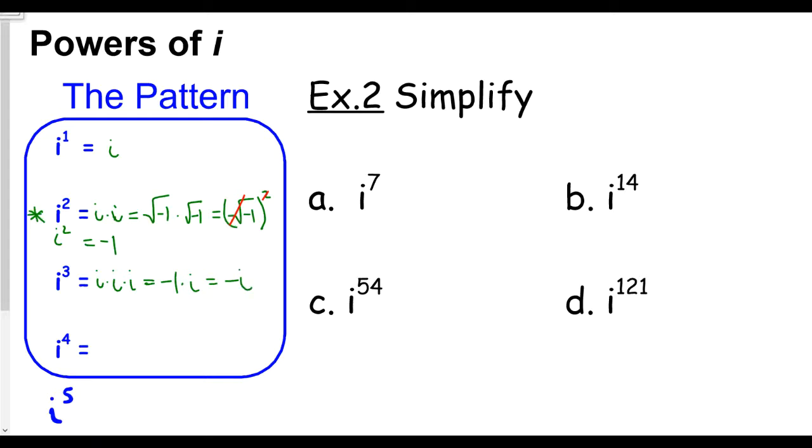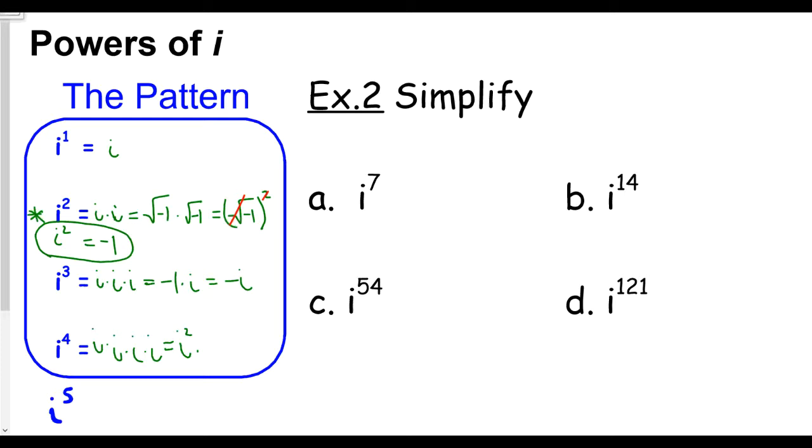When I take a look at i to the fourth, there are a lot of different ways I could think about it. One way that I'm going to choose is using that most important relationship, that i squared is negative 1. i to the fourth mathematically means i times i times i times i. Well, i times i is i squared, right?